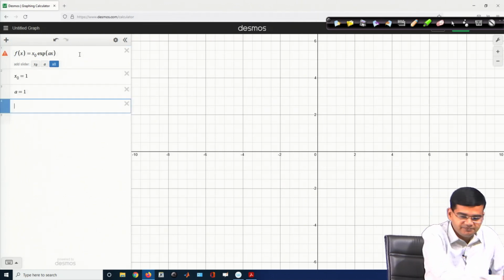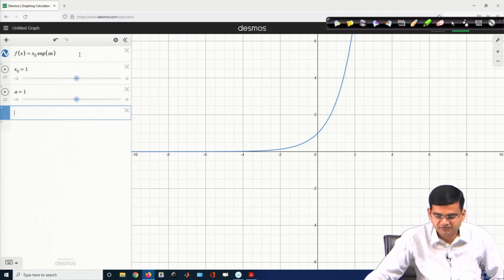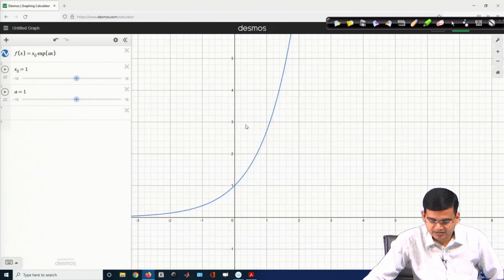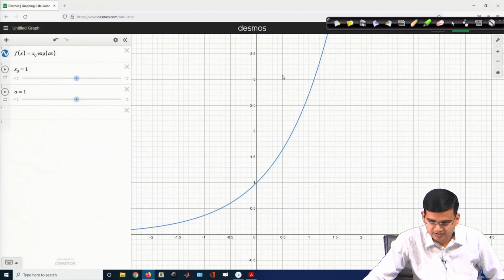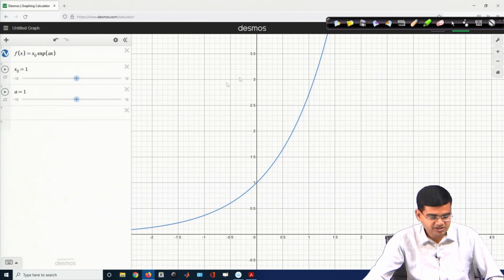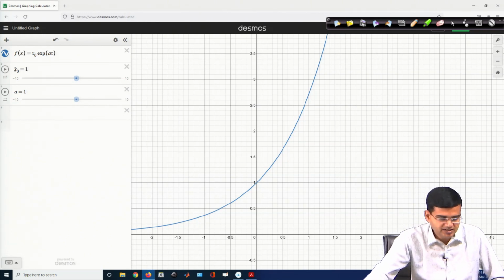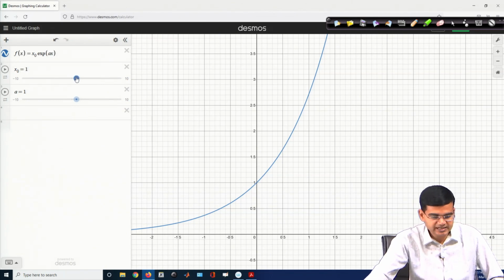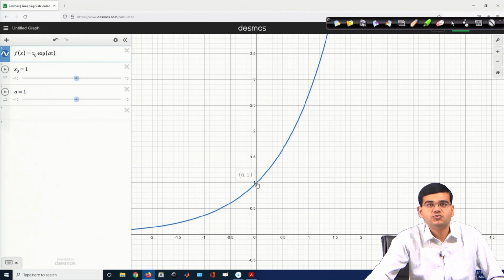So, let us see how the system behaves. Let me have a look into the solution behavior. First of all, let us look into the effect of initial condition. As I change this, you can see here 0 1, which means at time t equal to 0 the value of x is 1.